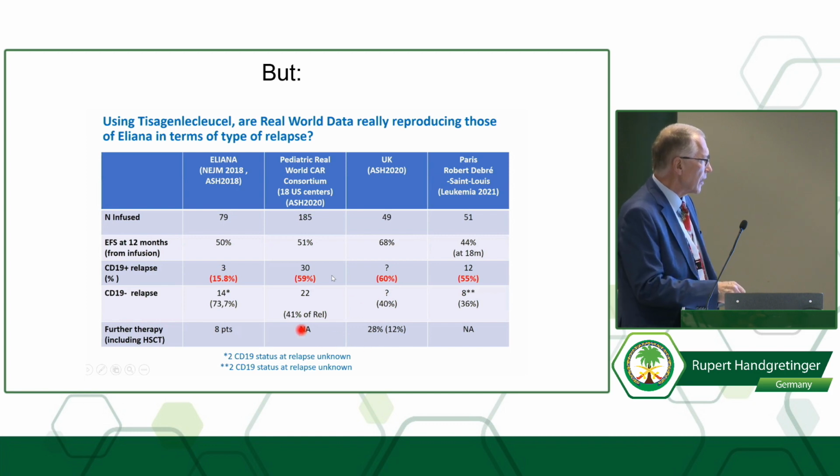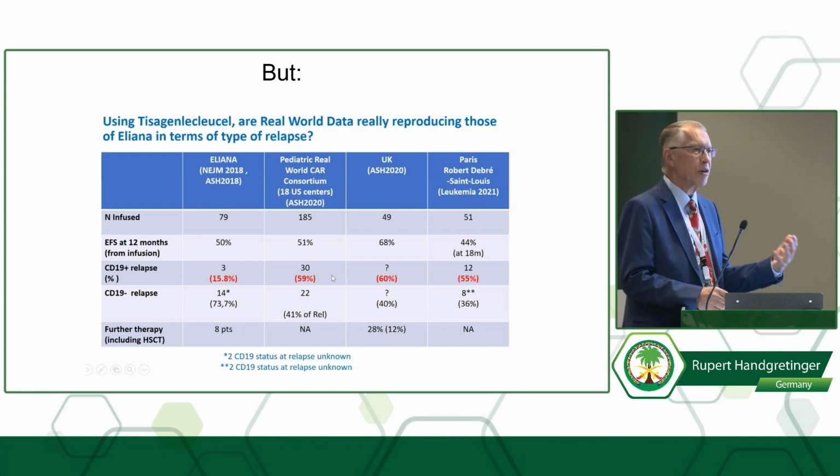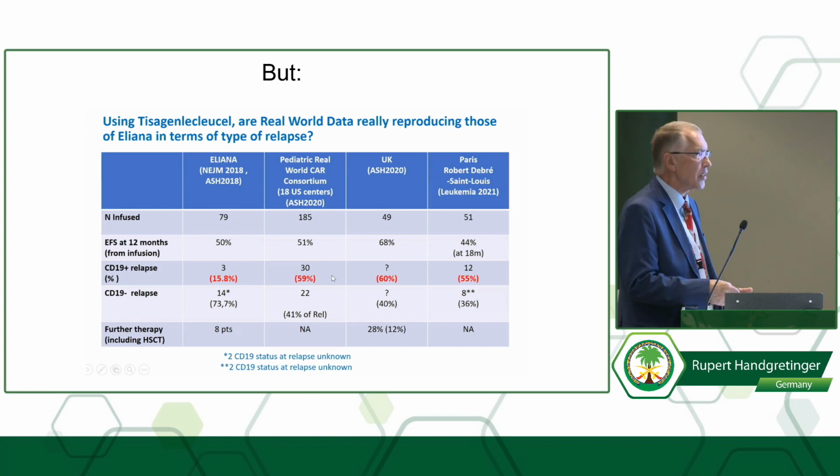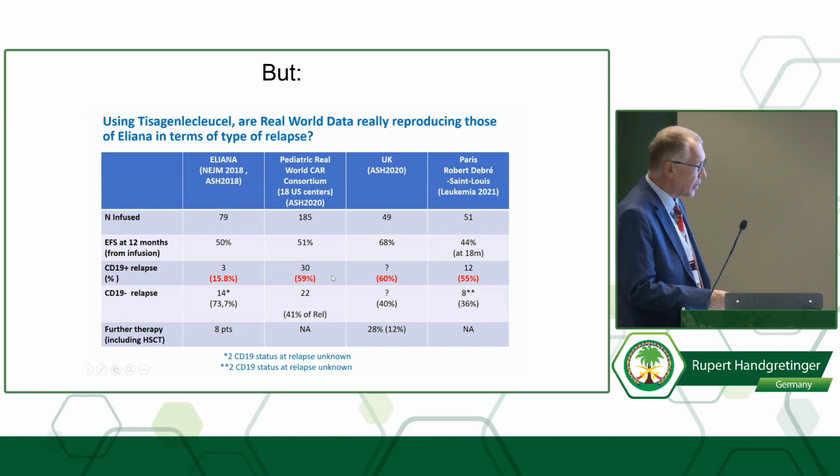You see here that in this trial there were 8 patients, 12%, and we see more and more of these CD19 negative relapses, and I think you use Kymriah in this country, and you also see this kind of relapse in these patients. So this causes a problem, and whether we need to do transplant later, I think we cannot yet give final answers whether we have to transplant these patients after they reach remission or not.